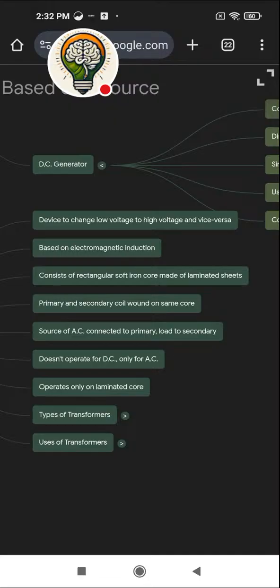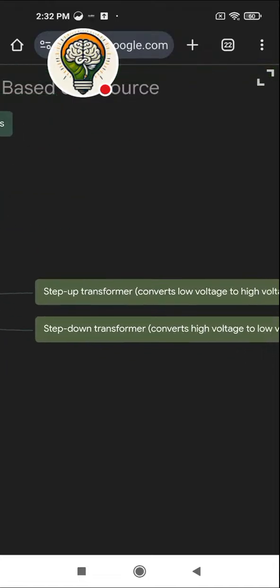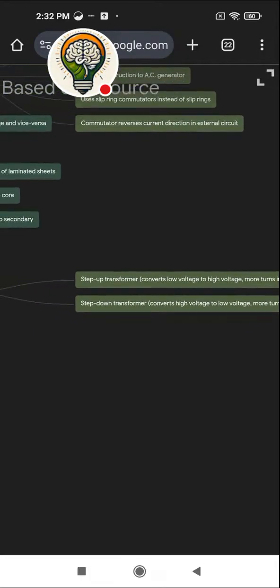Types of transformer: a step up transformer converts low voltage to high voltage, with more turns in the secondary coil, and a step down transformer converts high voltage to low voltage, with more turns in the primary coil.